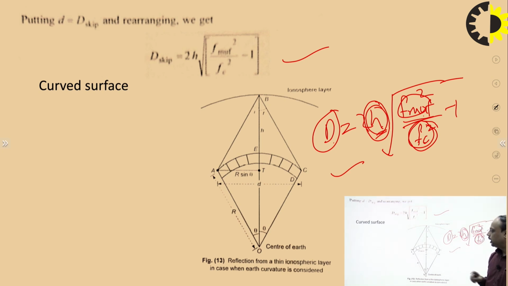Here the earth is curved, and capital R is the radius of the earth, and O is the center of the earth.